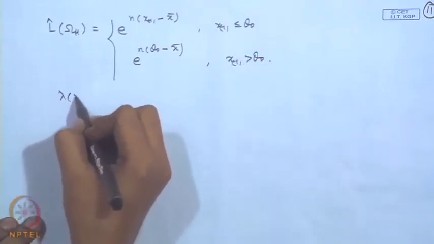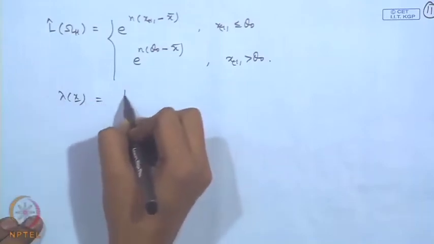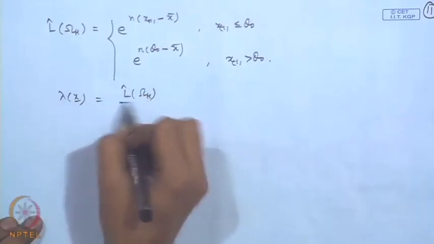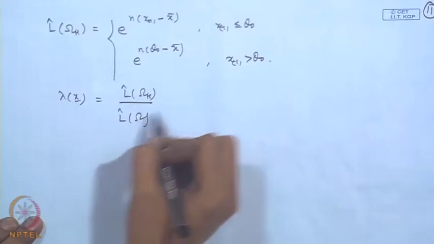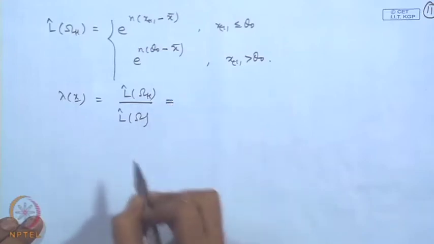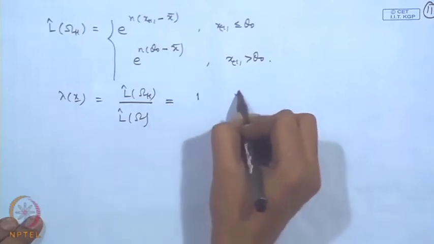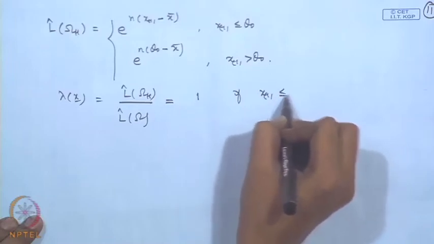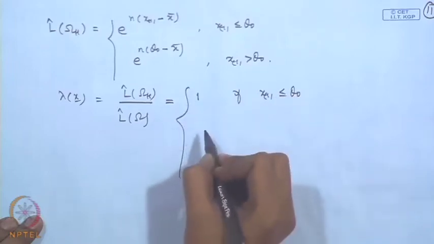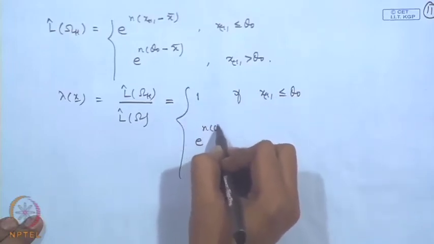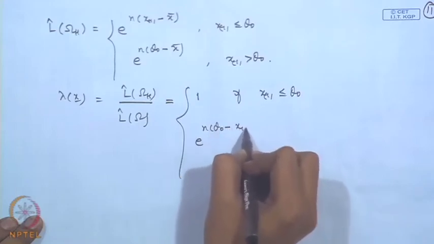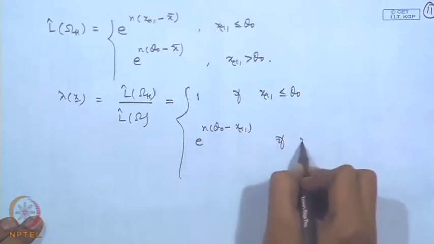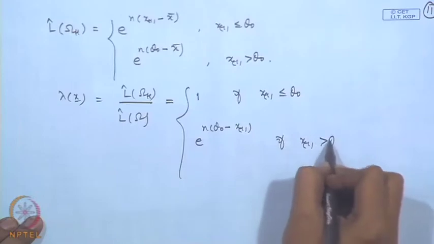So, the ratio L hat omega h by L hat omega is equal to 1 if x 1 is less than or equal to theta naught, and it is equal to e to the power n theta naught minus x 1 if x 1 is greater than theta naught.